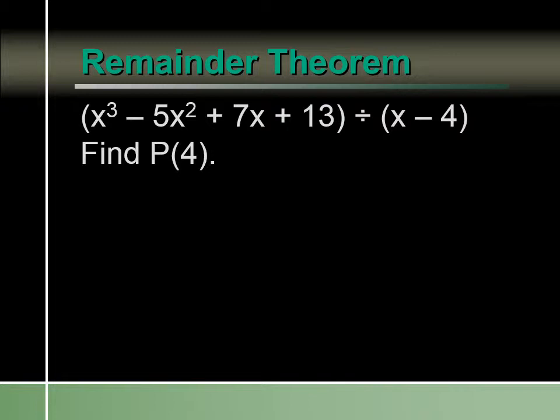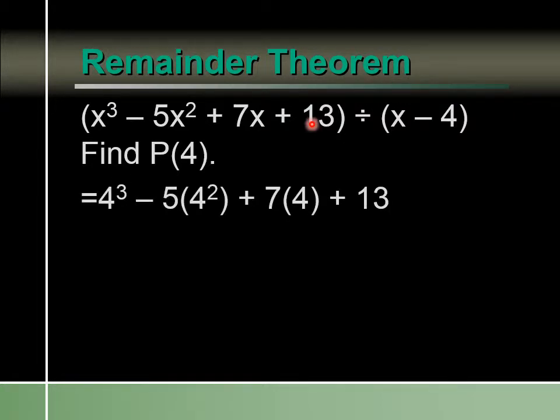So we're going to plug 4 into this polynomial. Instead of writing x cubed, we write 4 cubed minus 5 times 4 squared plus 7 times 4 plus 13. And we end up with 57. Awesome. So that is our remainder.